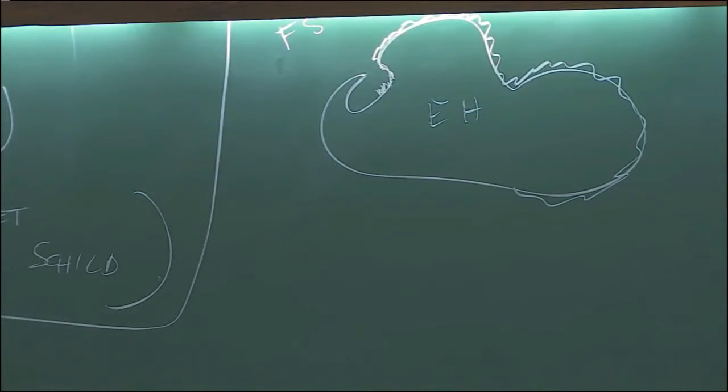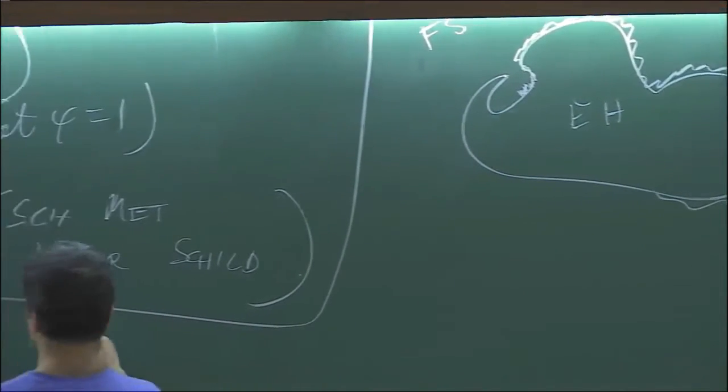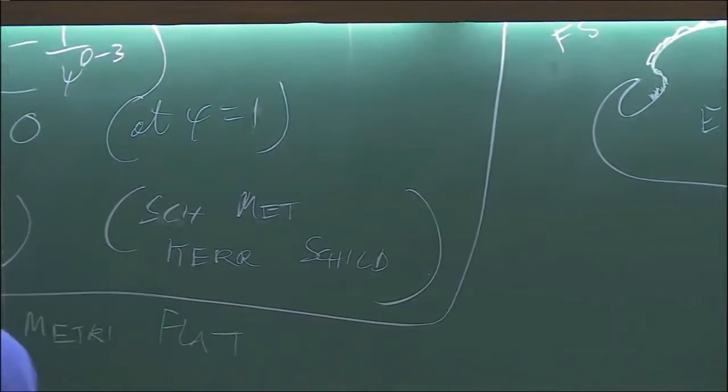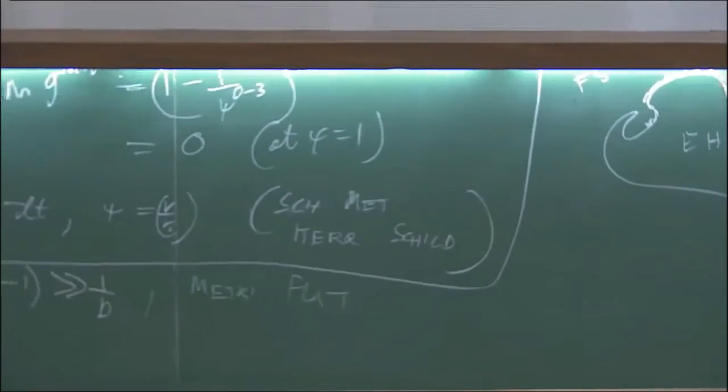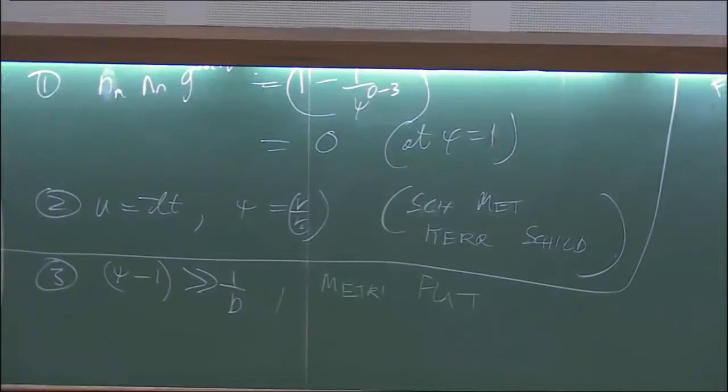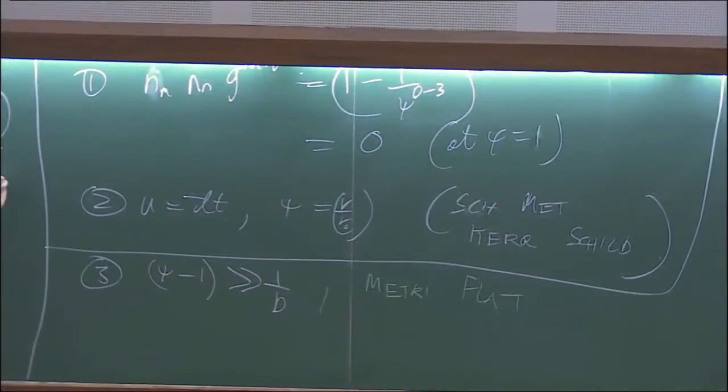Now, please. Where did what? Condition 3: if this happens, then the metric is flat. Because if this happens, then 1 by psi to the power d-3 can be approximated as 1 plus psi-1 to the power minus d-3.